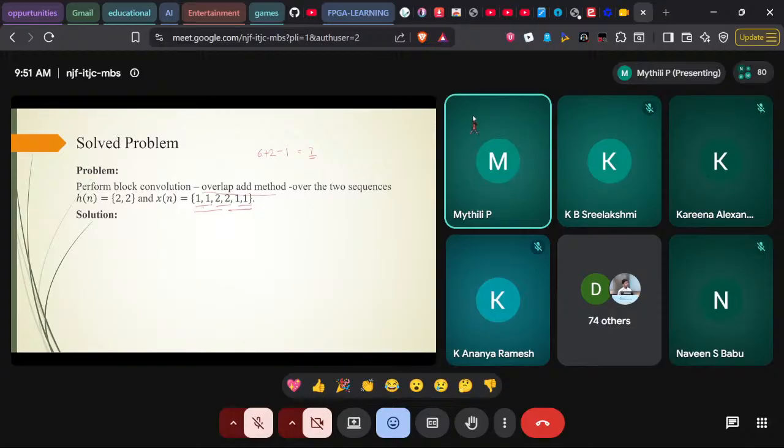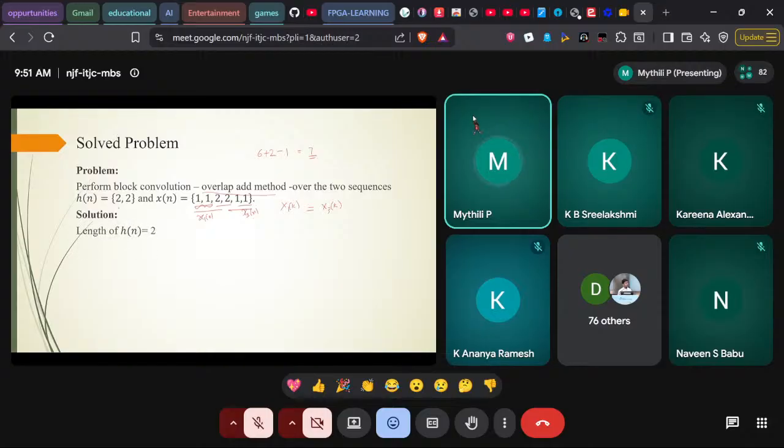If there is some similar pattern existing, then you can divide the block in that way, because you can reduce your computations. For example, x3 of n and x1 of n are same. So when I compute x1 of k, my x3 of k also will be available. So like that you can choose intelligently.